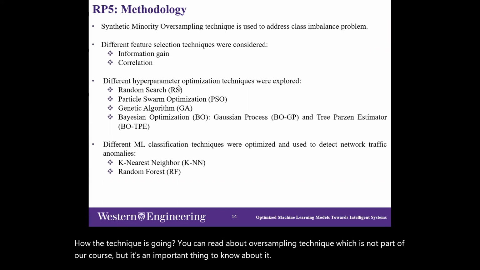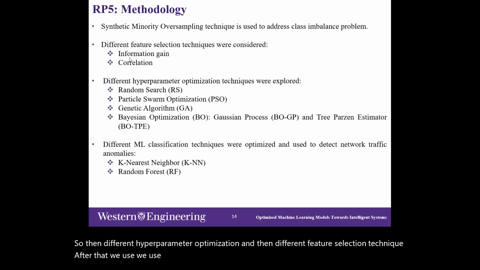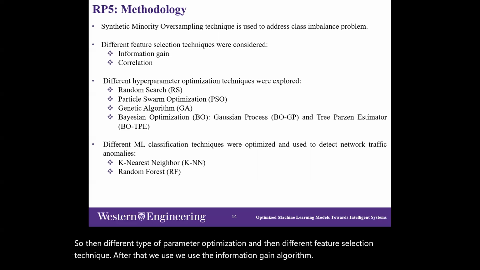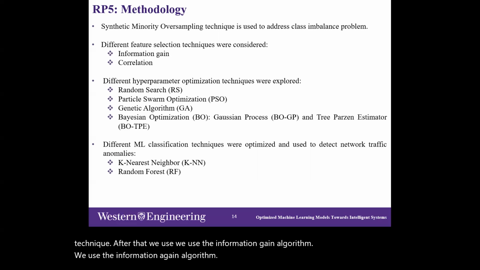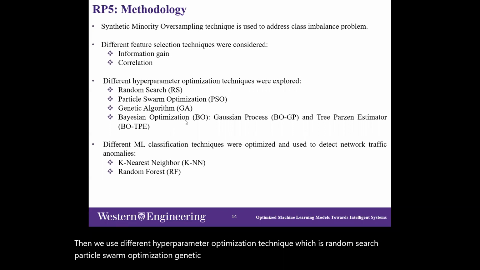So then different hyperparameter optimization, then different feature selection techniques. After that, we use the information gain algorithm and the correlation based feature selection technique. Then we use different hyperparameter optimization techniques, which are the random search, particle swarm optimization, genetic algorithm, and Bayesian optimization.